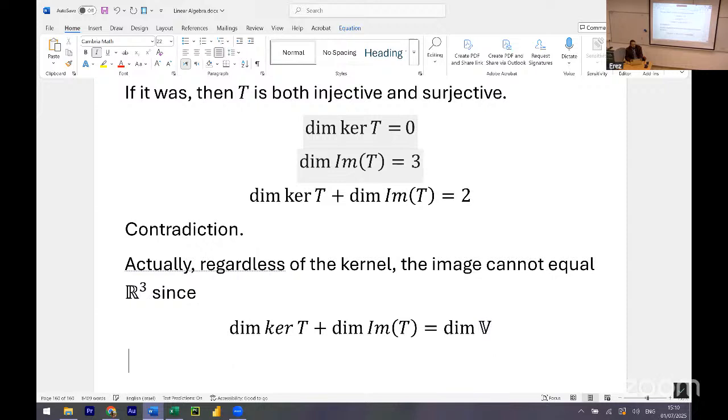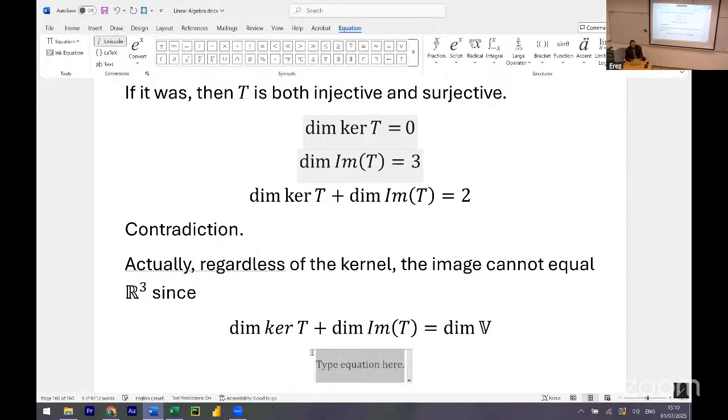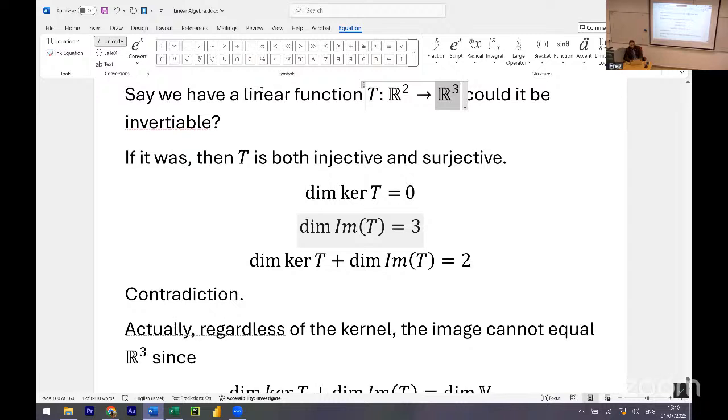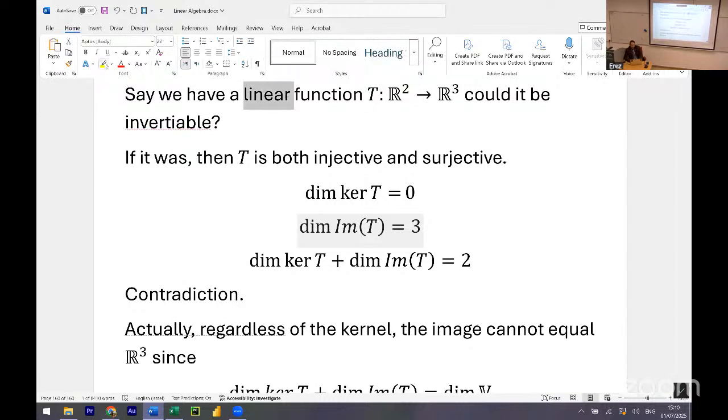So the dimension of the image is always smaller or equal to the dimension of the domain, which means that every time the domain is of smaller dimension than the range, then surely the function will not be surjective. Okay, it cannot be. But again, it's only because it's a linear function.